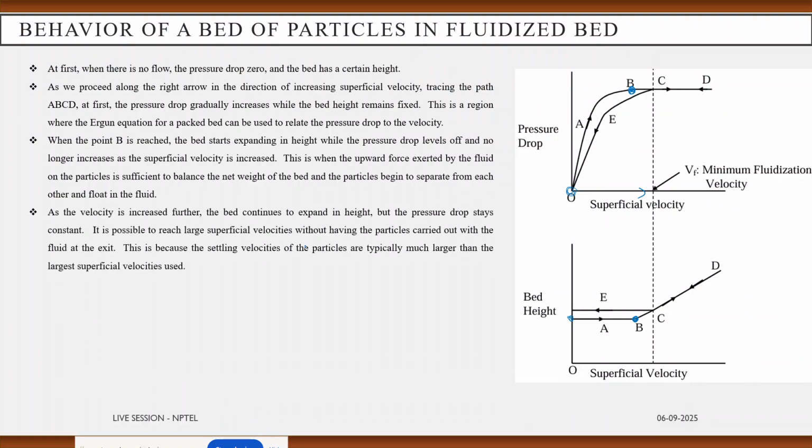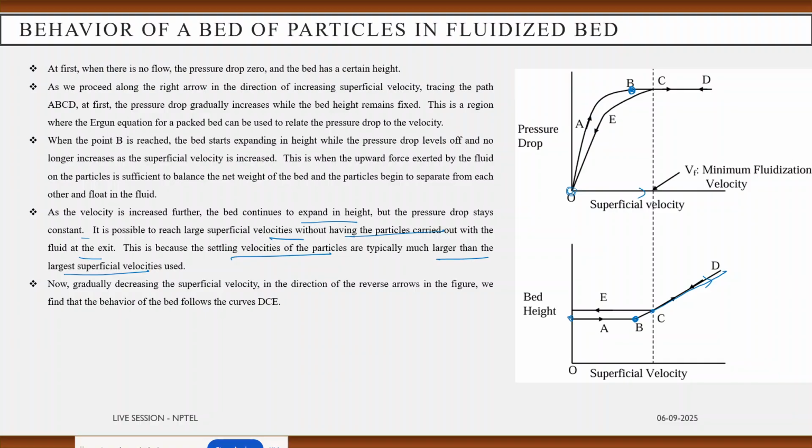As the velocity is increased further, the bed continues to expand in height, but the pressure drop stays constant. It is possible to reach large superficial velocities even without having particles carried out with the fluid at the exit. This is because the settling velocity of those particles is typically much larger than the largest superficial velocities used.